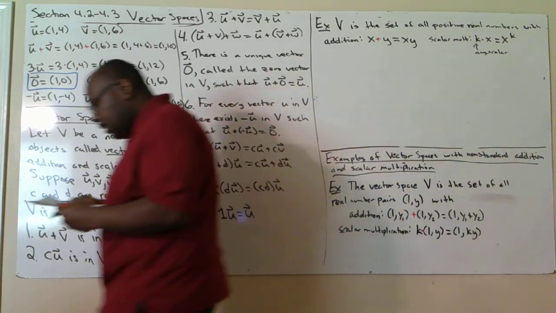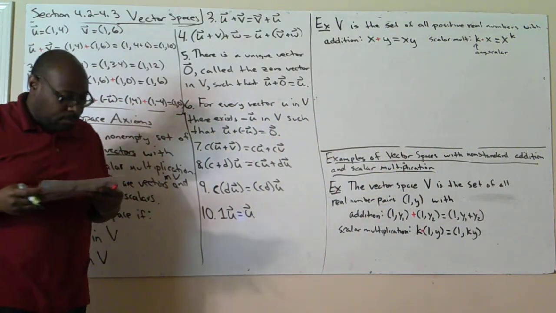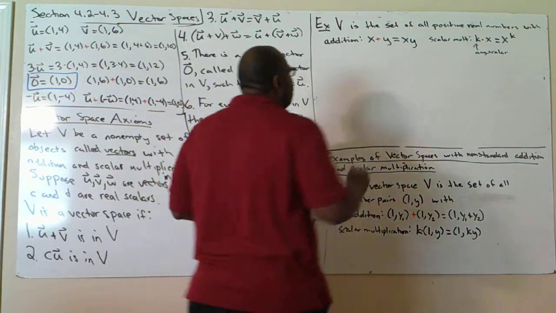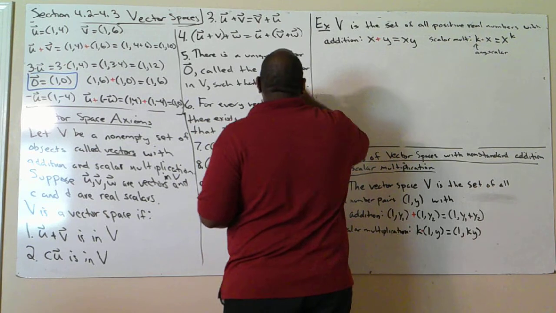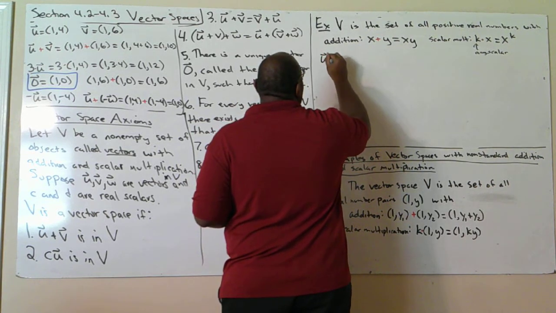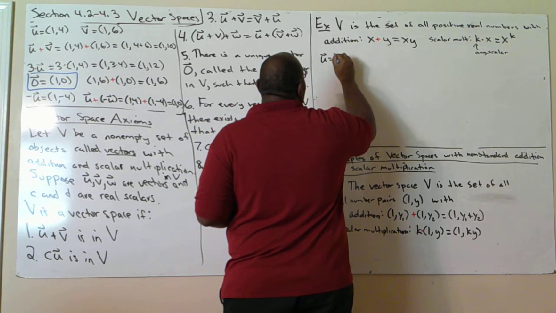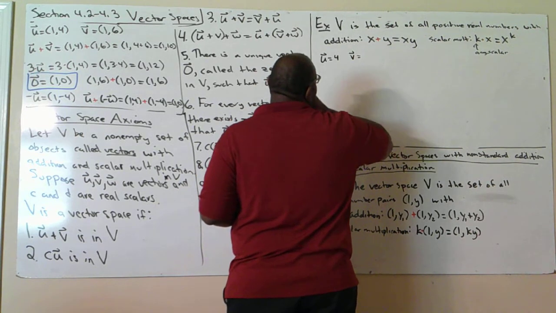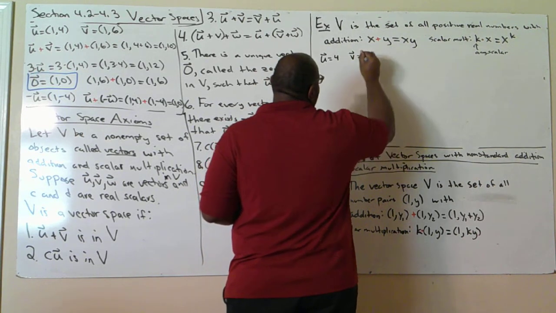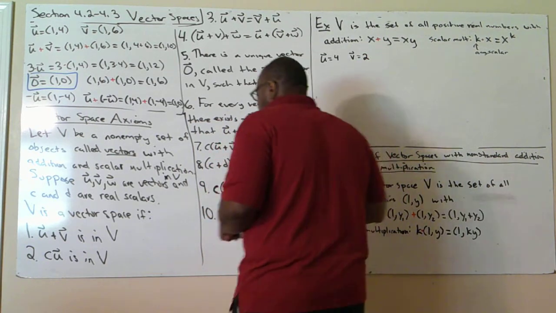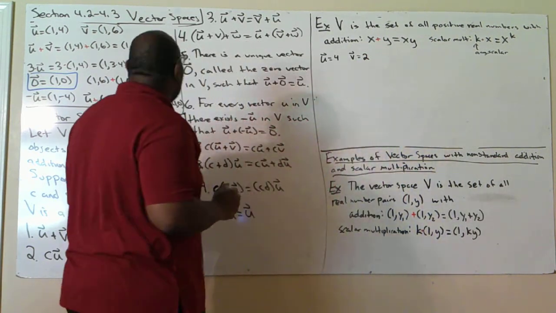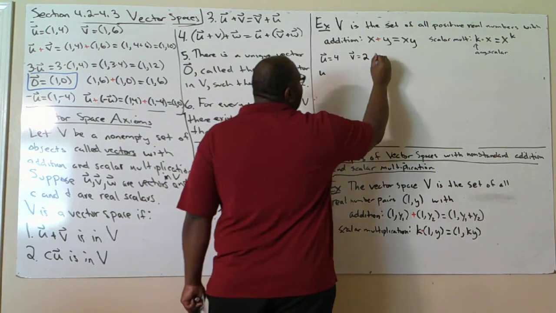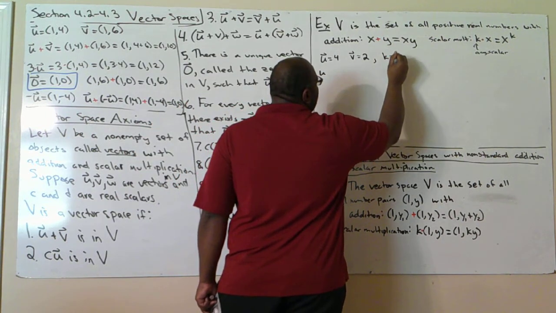So some examples, let's look at how this would work. Let's say u is equal to 4, and v is equal to 2. And I want to do u plus v. Oh, let's get a k. K equal to 3.